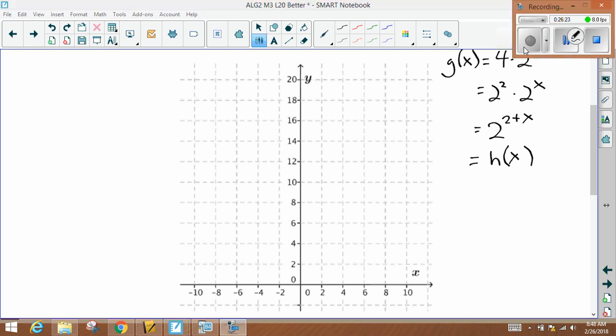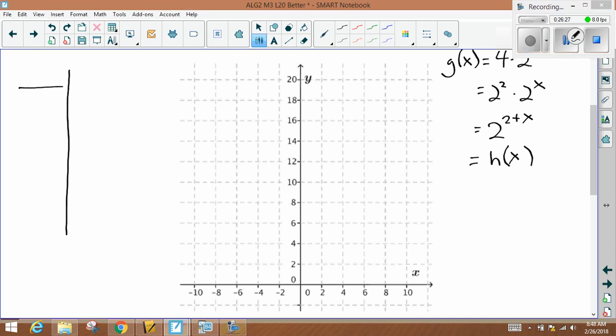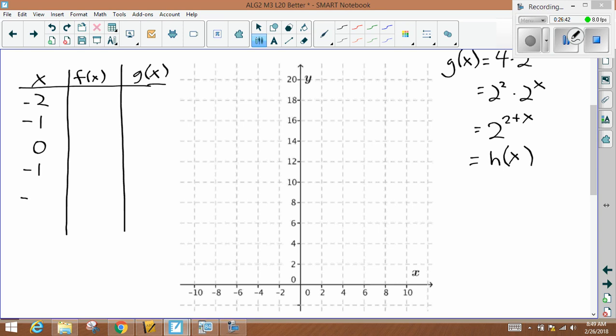Two to the x power. Actually, let's go ahead and make a table of values here. So we'll have x, f of x, and g of x. So let's go with -2, -1. And I'm just picking values, right?